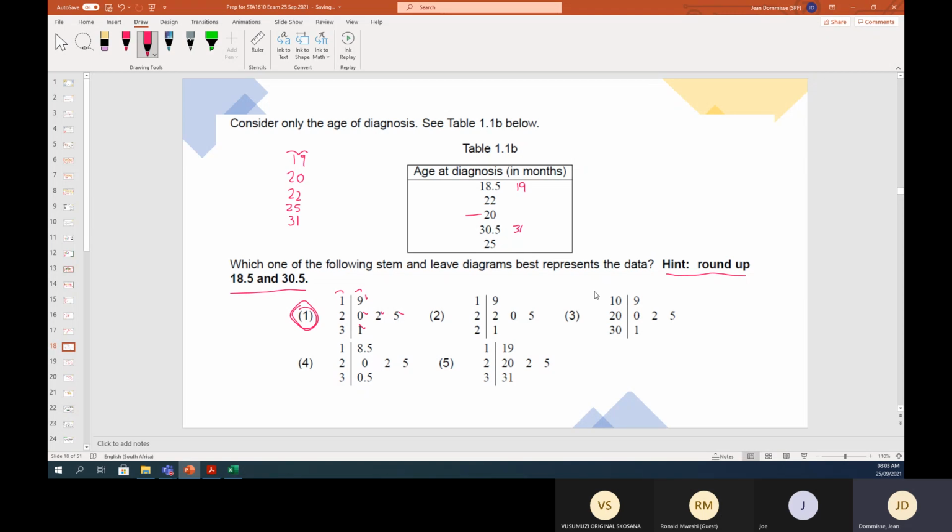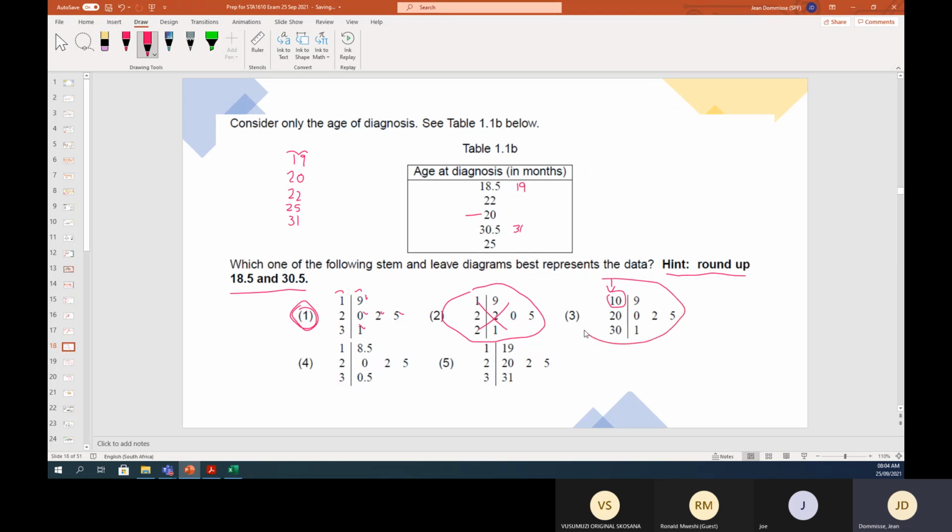Let's just look at why the others are wrong. Okay, so this one wasn't sorted. That is why that one is wrong. This one should have had 1 and not 10. When we look at it, we look only at the pure 1 because that represents the tenner, the 10, and the 20 and the 30.